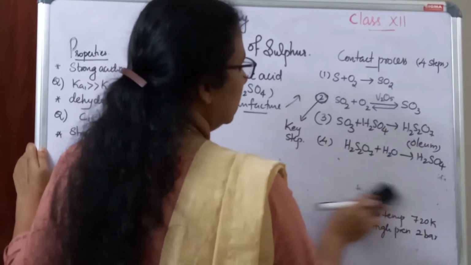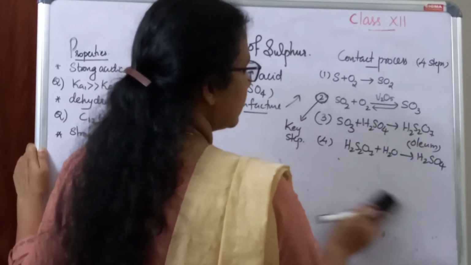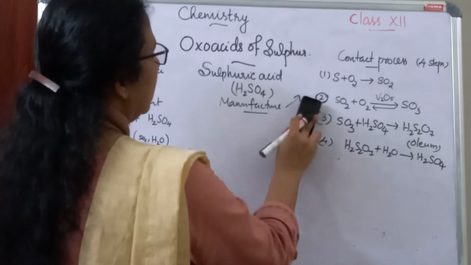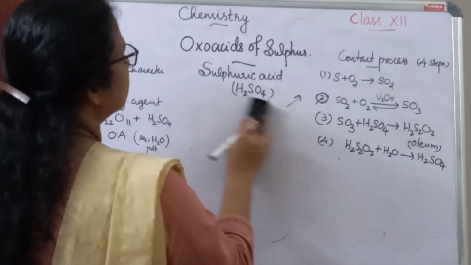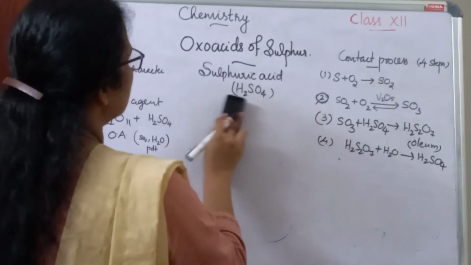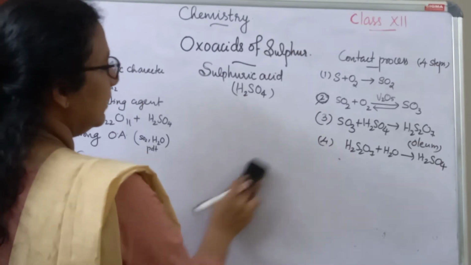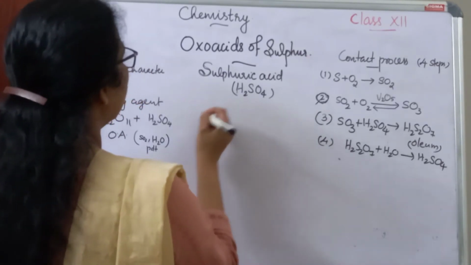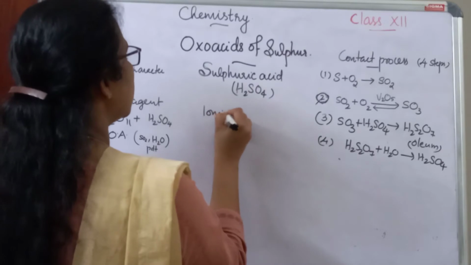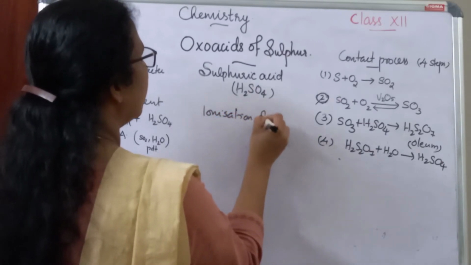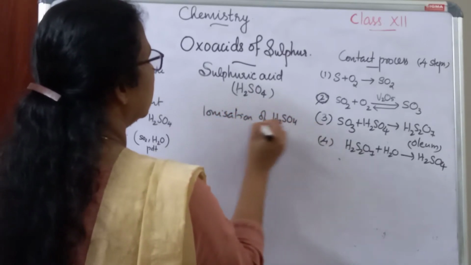First of all, sulfuric acid is a strong acid, so it ionizes in solution. Let's write the ionization of sulfuric acid in water.